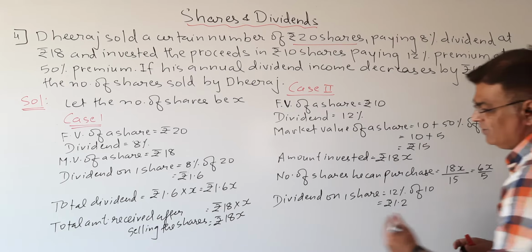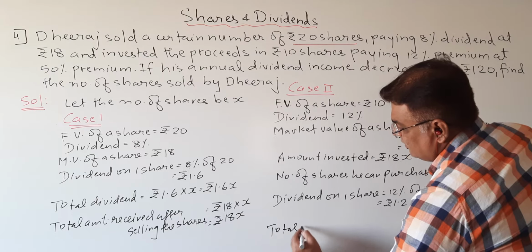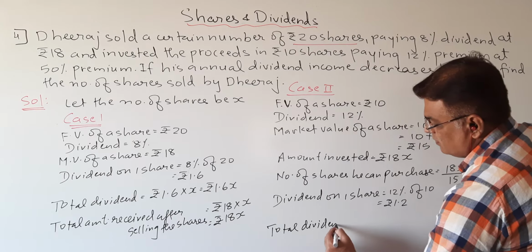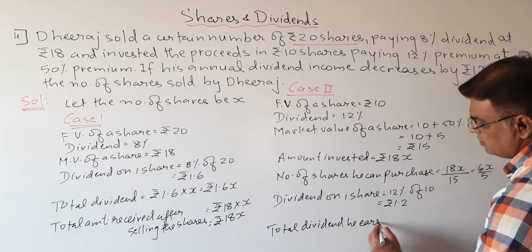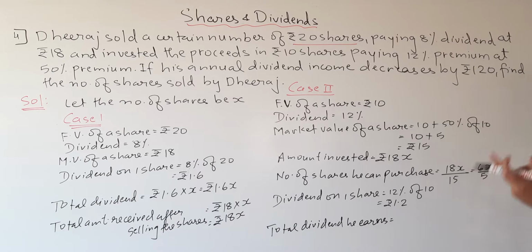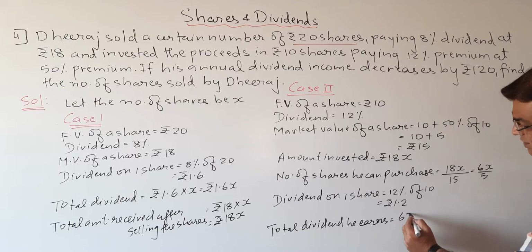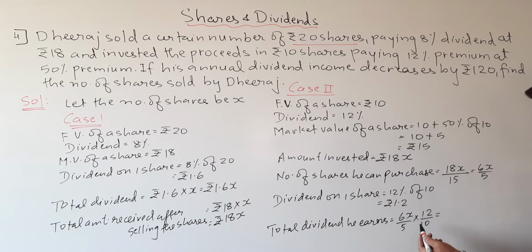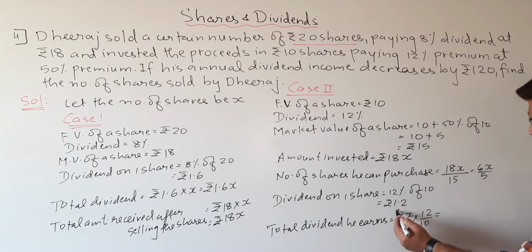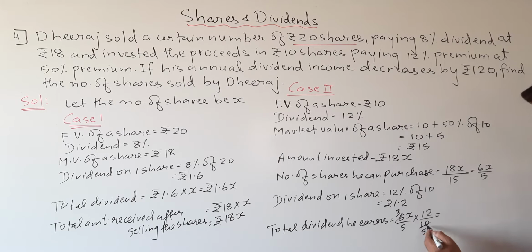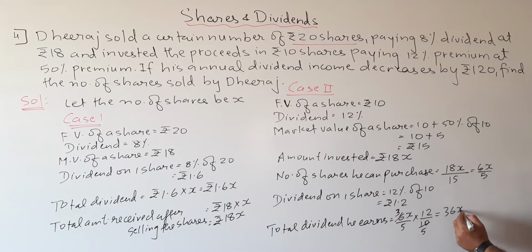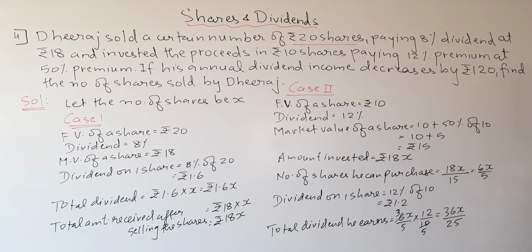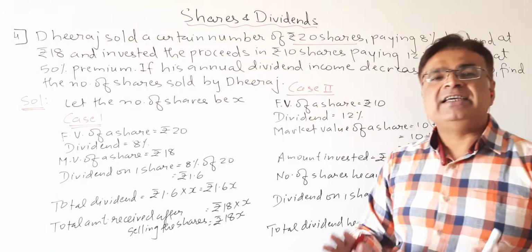So what will be the total dividend he earns? One share is 1.2, so 6x upon 5 shares will be 6x upon 5 into 12 upon 10. Now will it be cancelled? No, it will not be cancelled. Any other cancellation we can do? Yes, 2 3s are and 2 5s are. Now no cancellation. So 36x upon 25. This is the dividend he is earning.